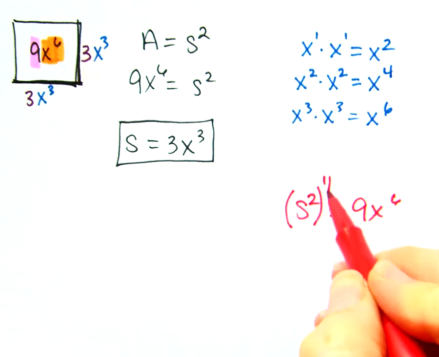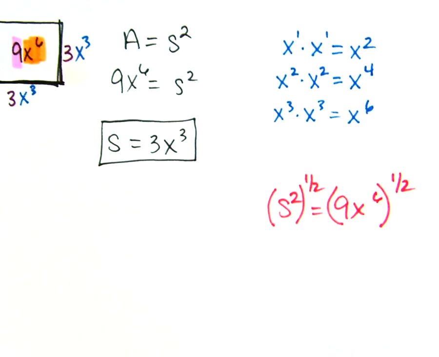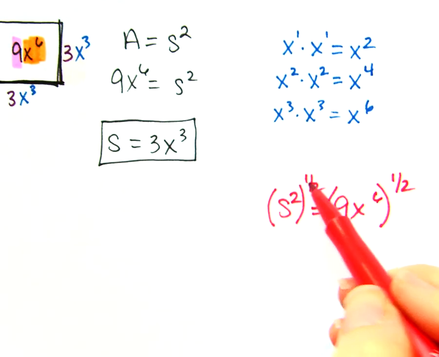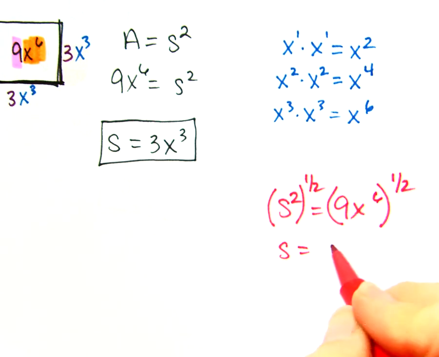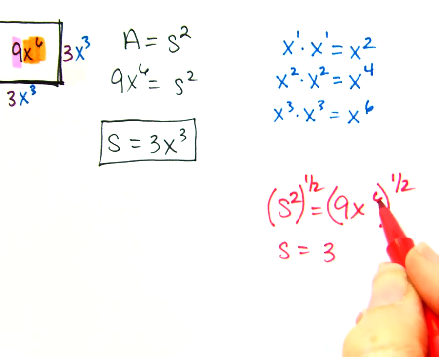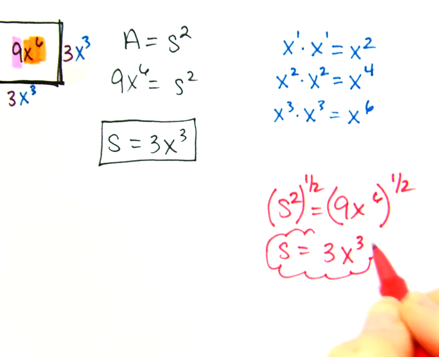So what if I raise both sides to a power of 1/2? Again, it's fine if you don't know how to do this. But that's 2 times 1/2, that's just a side. This just means square root, right? So the square root of 9 is 3. And then 6 times 1/2 is also 3. So this is a way that you could have worked it that maybe you didn't think about.